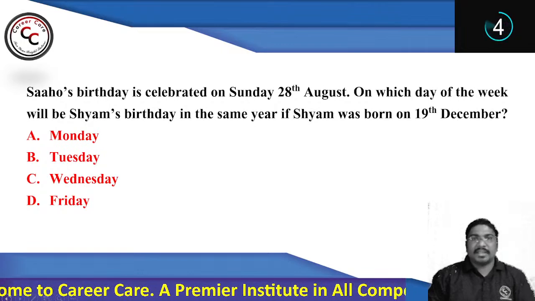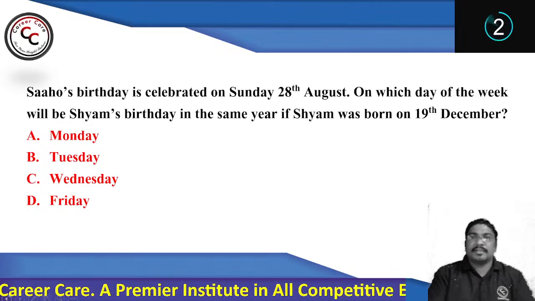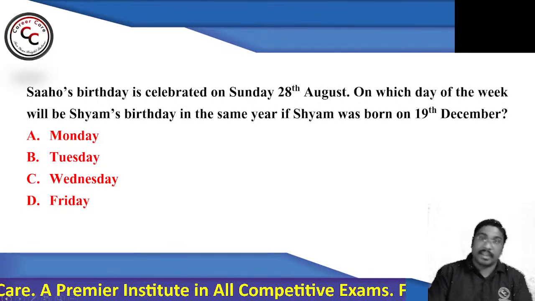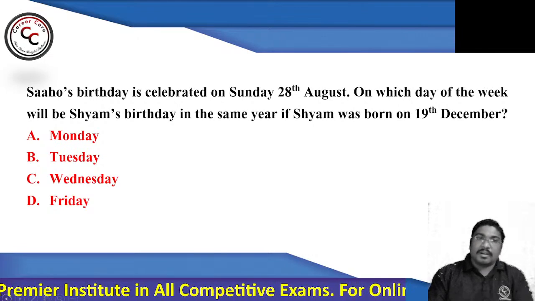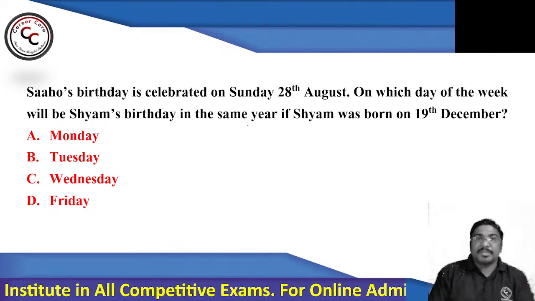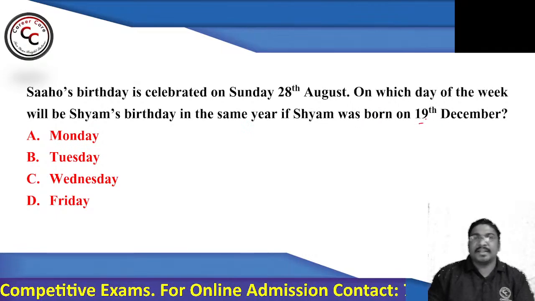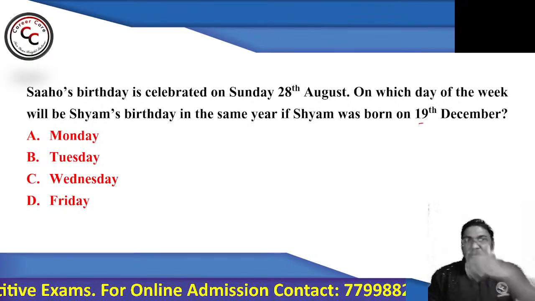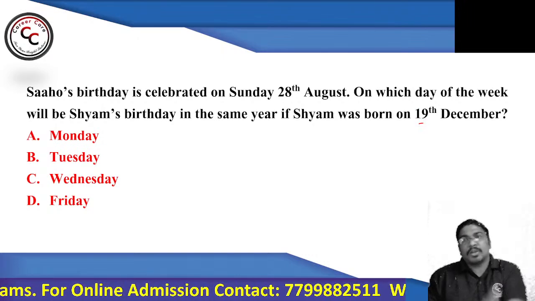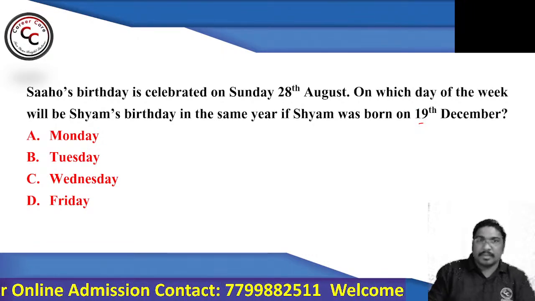Saho's birthday is celebrated on 28th August, Sunday. On which day of the week will be Shyam's birthday in the same year if Shyam was born on 19th December? Same concept. You need to travel from August month to December month, right?